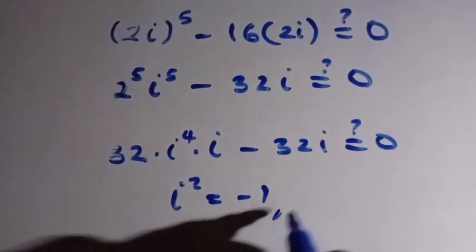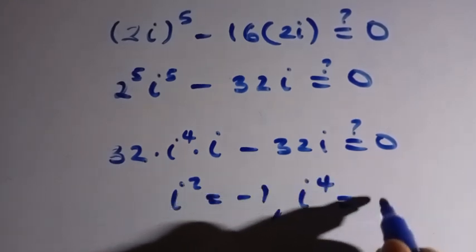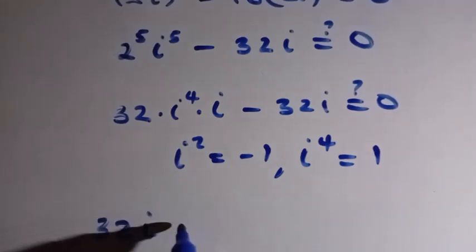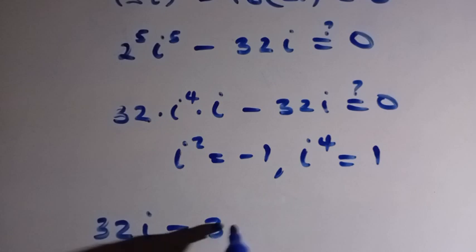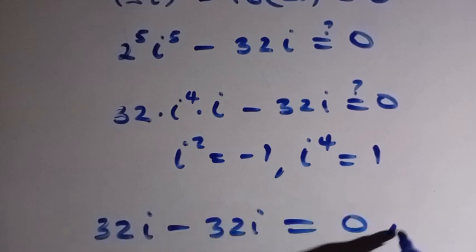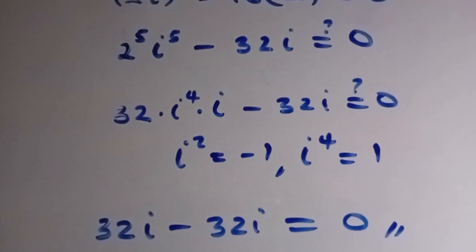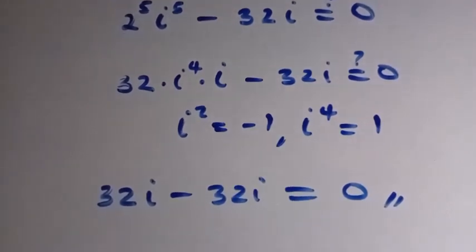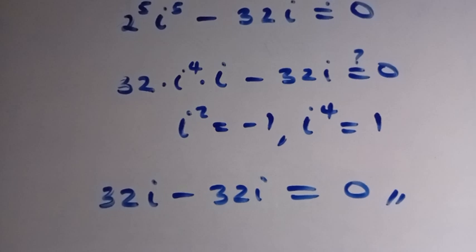So definitely, if you have i raised to the power 4, this will be equal to 1. So therefore, we have 32i minus 32i, and this equals 0. So it means at plus 2i, it is satisfied. We check for minus 2i as well, and it still satisfies the given equation. Then if we test for x equals 2 and minus 2 as well, it still satisfies.